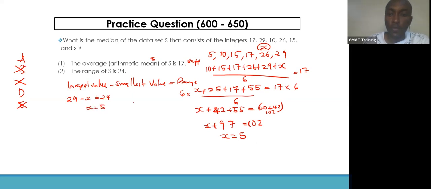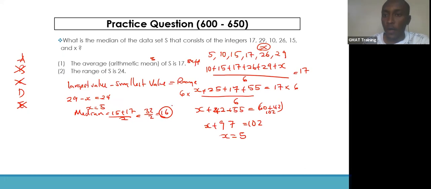Right? So you can arrange it back and find the median, and the median will be 15 plus 17 divided by 2. That's 32 divided by 2, and that's 16. That's the median.